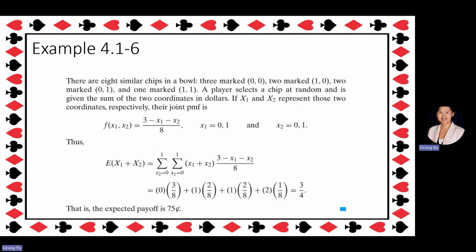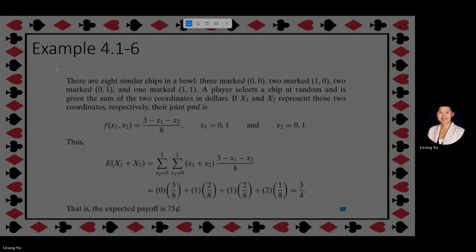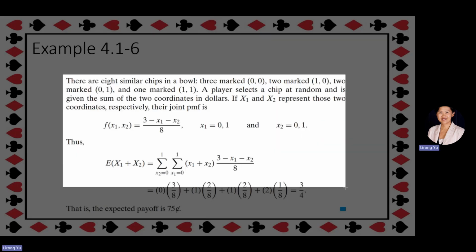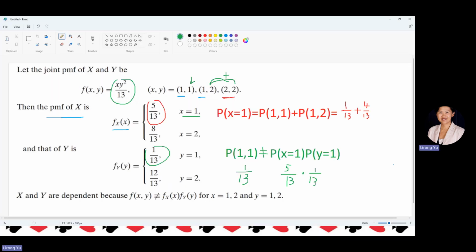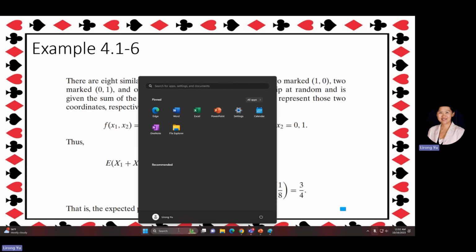So you have on the chip, you mark out the coordinate (0,0), (1,0), or (0,1), and then you put them in the bowl, and then people randomly pick a chip out of the bowl, and the value on the chip affects the payoff. Okay, so we're going to look at how this can be calculated.